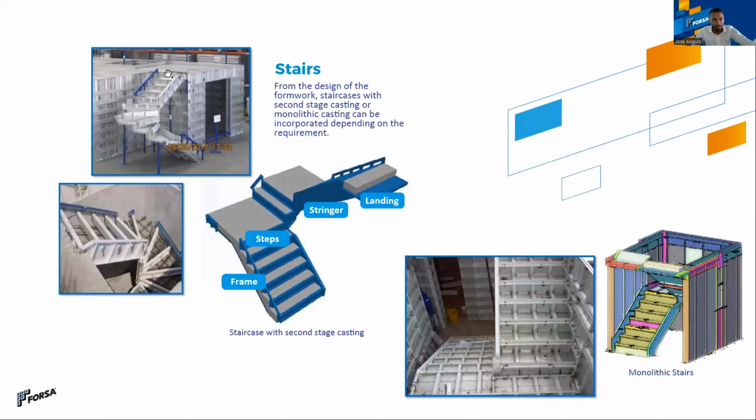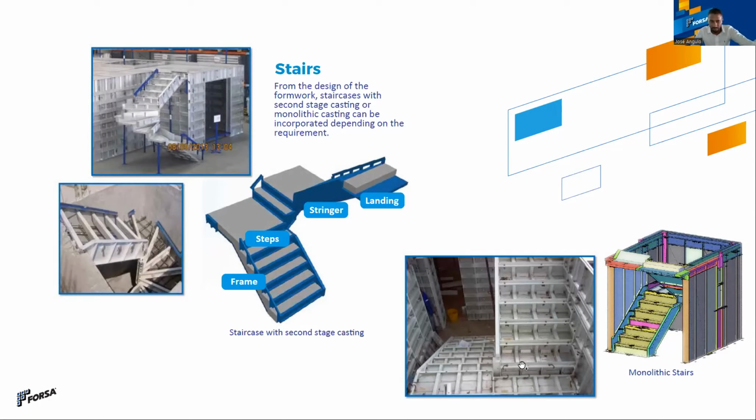Our formwork is able to do all of them, and we have to talk about the second stage pouring system. It is like an independent pouring system from the walls and from the slab, or we can make it like a monolithic stair.